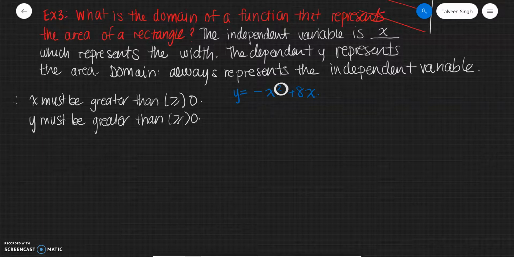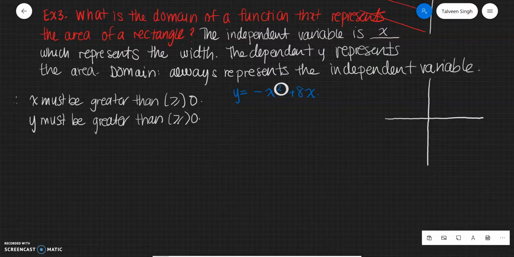So if negative x squared plus 8x is our function, I'm just going to draw this out here. We're just going to draw a rough sketch. This doesn't have to be accurate, because it's always easier to look at the graph than to try and visualize this kind of stuff in your head.